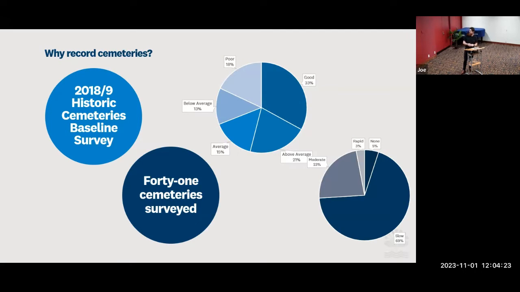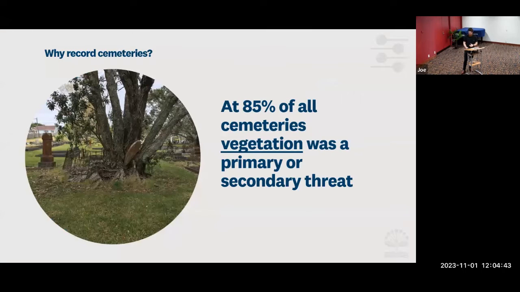What I'm really concerned about is that 3%, that rapid category. That probably only represents 1 or 2 cemeteries. But that's particularly concerning for us because rapid we take to mean that within maybe 5 or 10 years, there'll be severe adverse effects on that cemetery. And that's quite concerning.